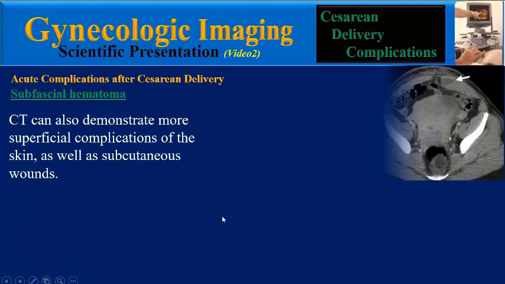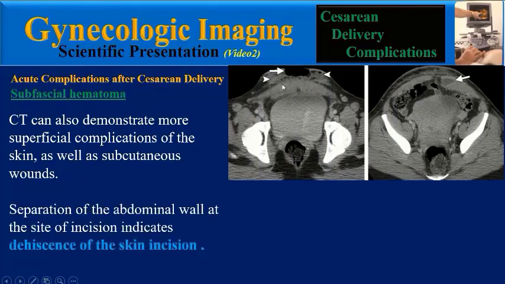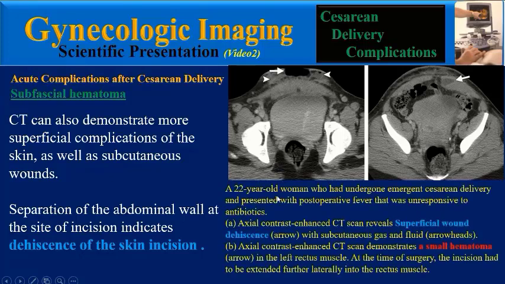CT can also demonstrate more superficial complications of the skin, as well as subcutaneous wounds. Separation of the abdominal wall at the site of the incision indicates dehiscence of the skin incision. These images relate to a 22-year-old woman who had undergone emergent cesarean delivery and presented with postoperative fever that was unresponsive to antibiotics.